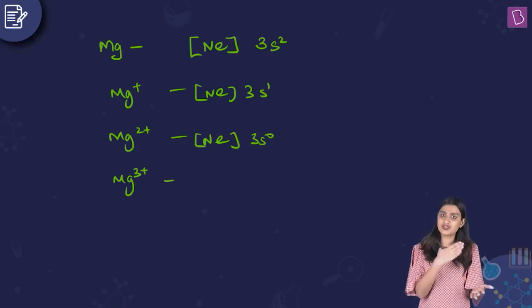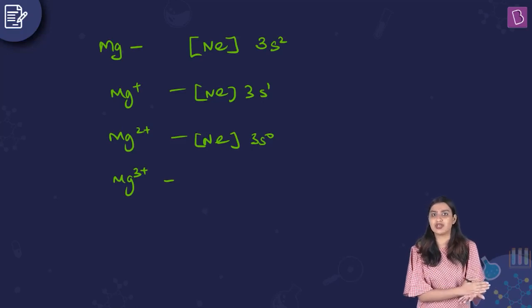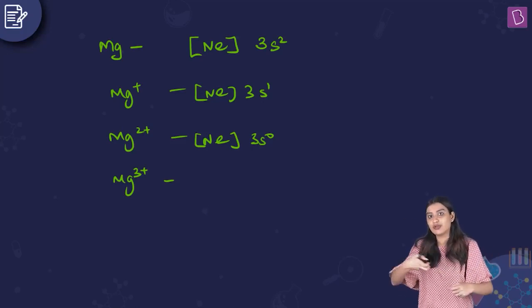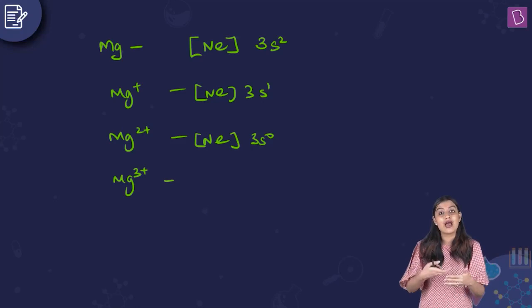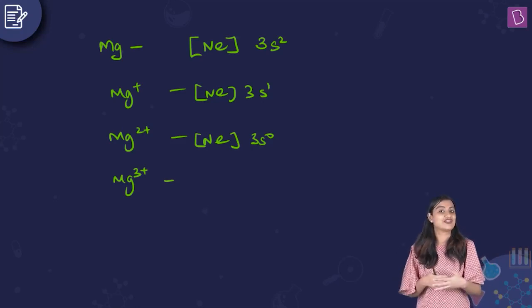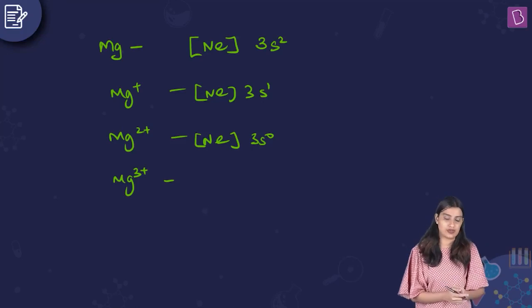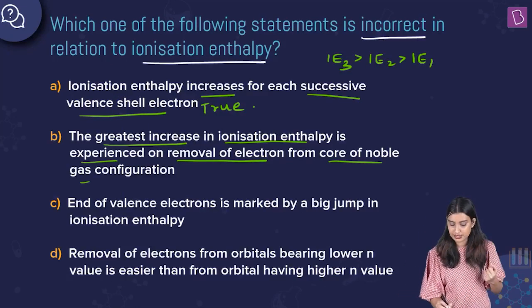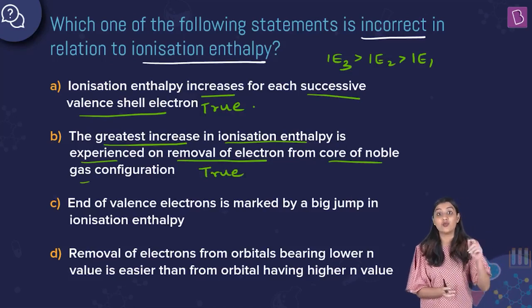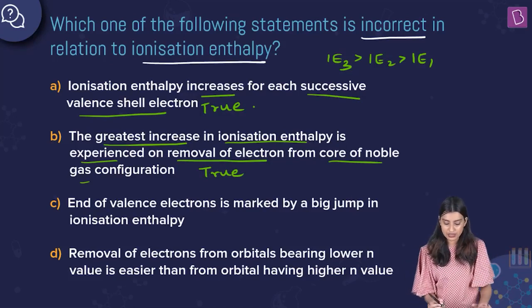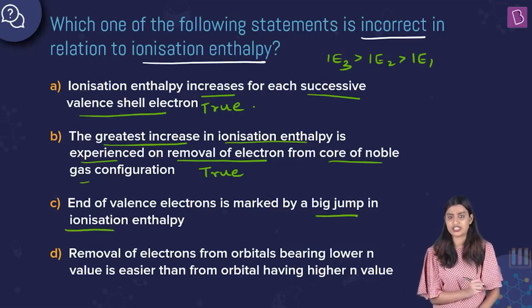Noble gas configuration is really stable, ns2 np6 configuration, but we are trying to remove one electron from that p orbital, right, which will make it a highly energetically taxing process. Okay, so yes, this statement is true that you will observe the greatest increase in ionization enthalpy when you disturb the core electrons. True.